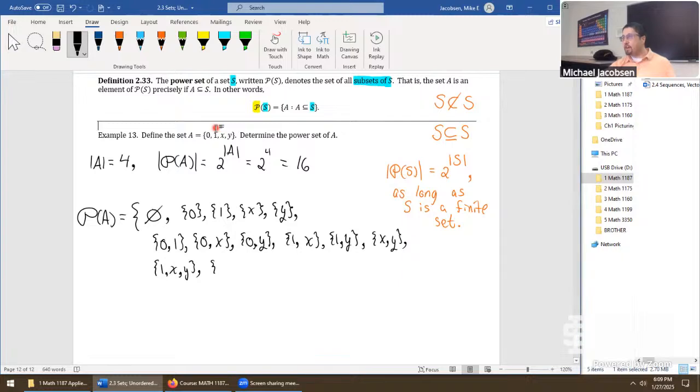Next, the element I want to leave off is 1. So our set now has 0, X, and Y. Next, we're going to omit X. So that set is 0, 1, and Y. And finally, the set where we omit Y would be 0, 1, X.